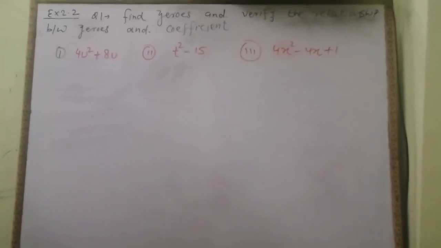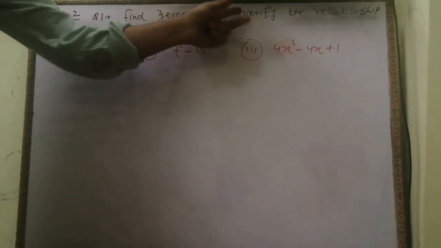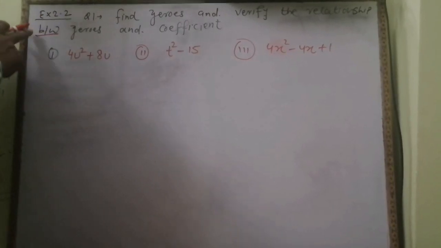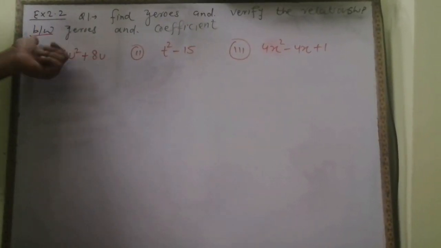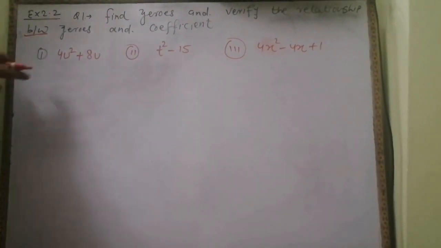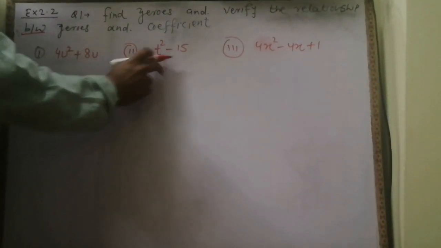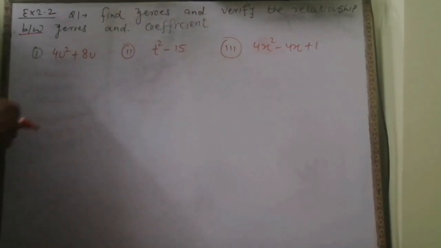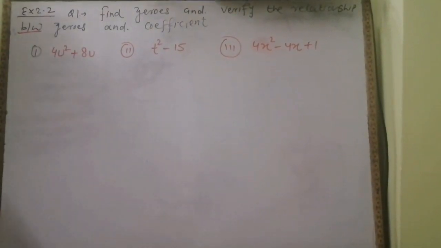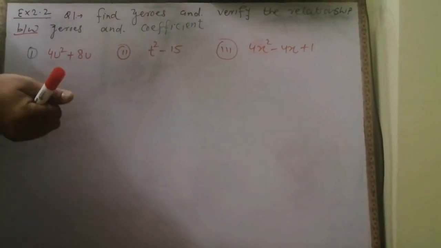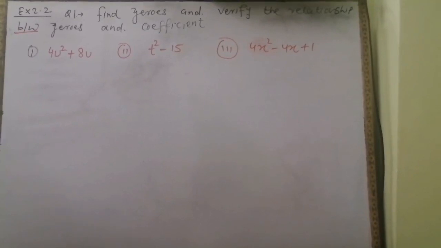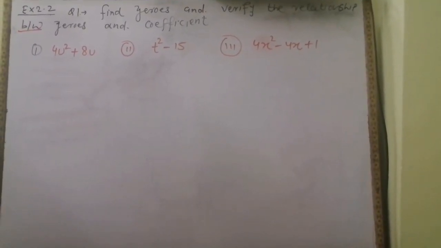It gives the instruction to find the zeros and verify the relationship between zeros and coefficients of the following polynomials. The first polynomial is this one, the second is this one, the third one is this one. We will go one by one and see how we can solve such types of questions, and how we can establish the relationship between zeros and coefficients.